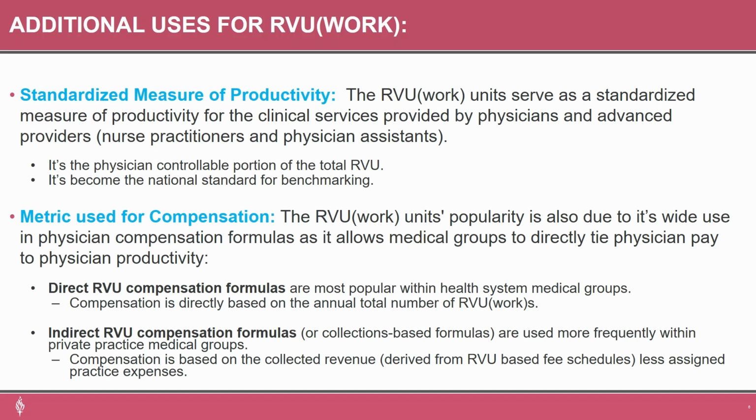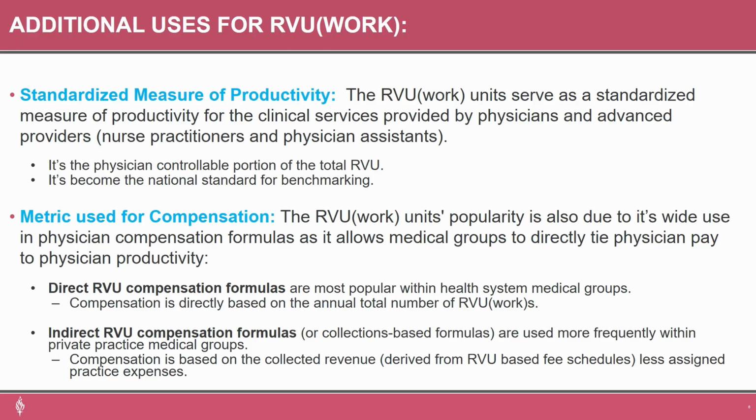The second use for the work RVU is that it is a primary metric used for physician compensation. The work RVU's popularity is also due to its wide use in physician compensation formulas, as it allows medical groups to directly tie physician pay to physician productivity.